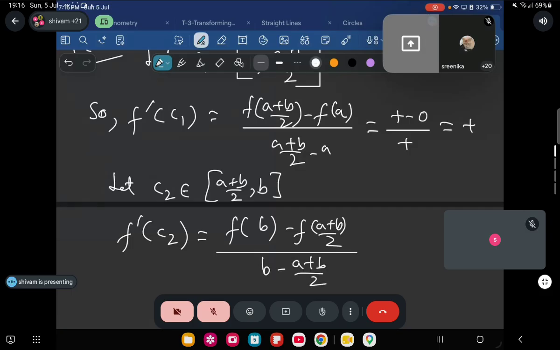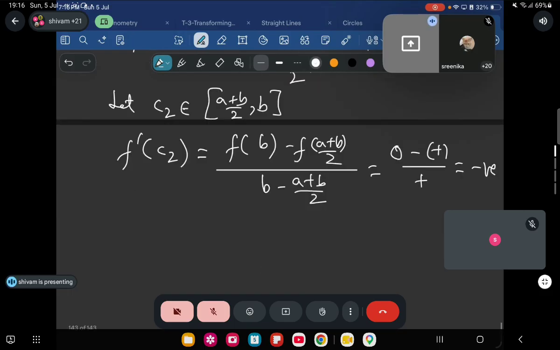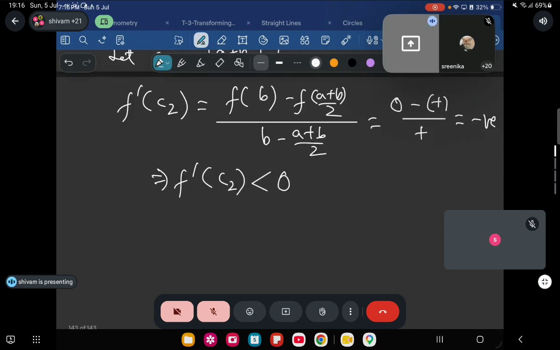Yes or no? This will give us how much? See, this is 0 minus something positive, so negative, divided by (2b minus a minus b). The denominator is positive, so this whole thing is coming as negative. This implies f dash at c2 is less than 0.